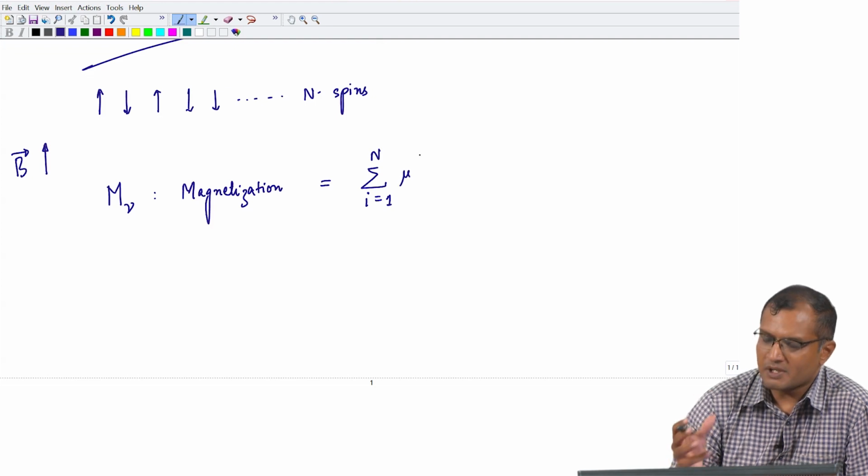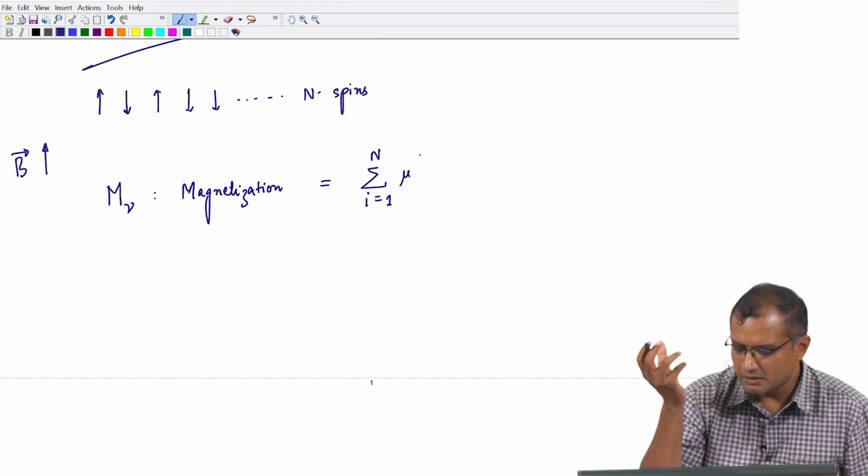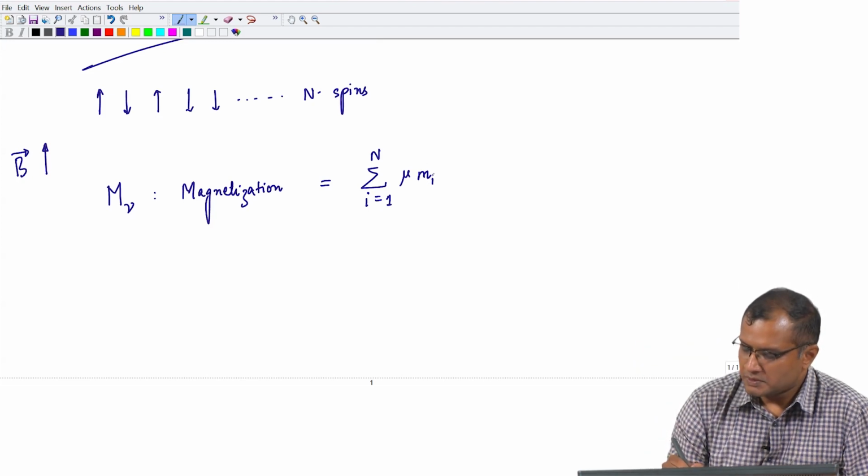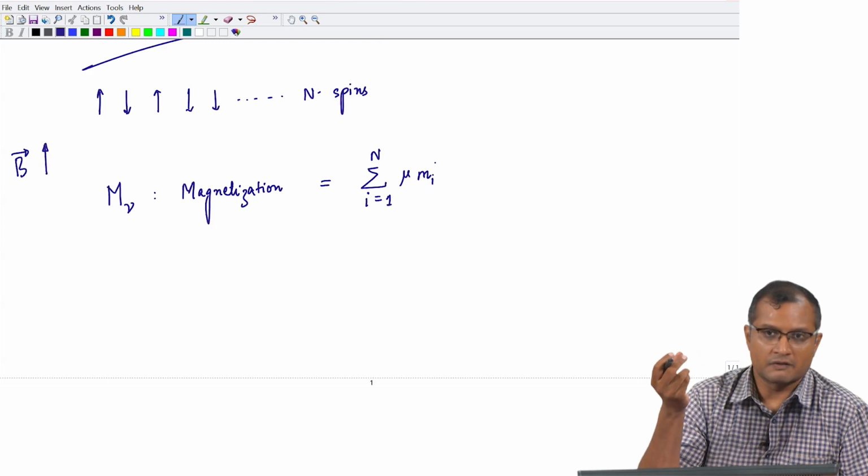I am going to take mu as the magnetic moment per spin, times the excitation of that spin.